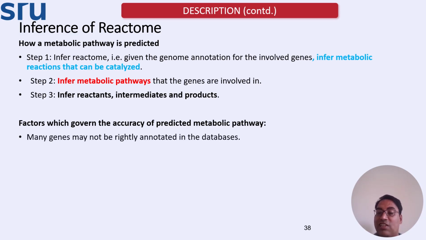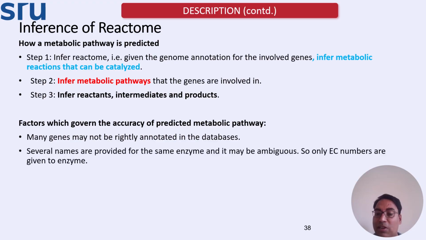So now, just like we analyzed the factors which govern the accuracy of protein-protein interaction, understand that whenever you are building a metabolic pathway, here also some key things are crucial factors to determine the overall accuracy. Understand that many genes may not be rightly annotated.